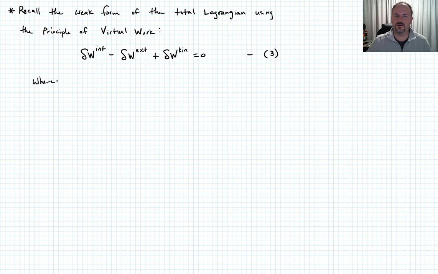The virtual external work we defined as the integral from xa to xb of delta u times rho naught times A naught times b dx plus delta u times A naught times P evaluated on the boundary with tractions. Call that equation 4.